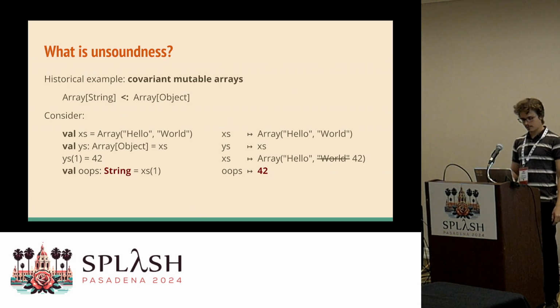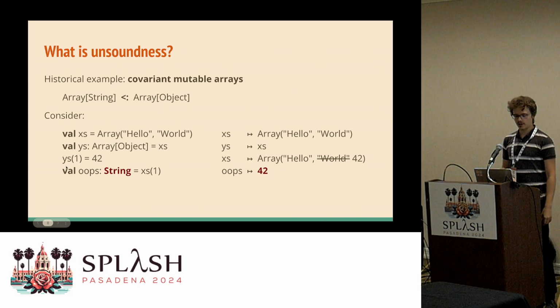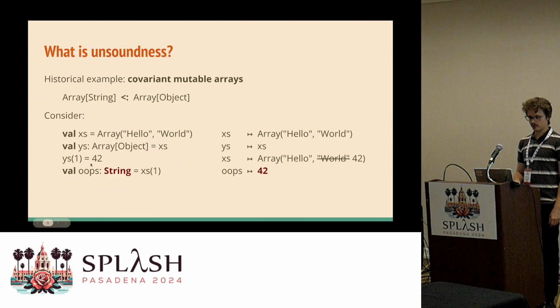And this is a problem because if you consider this example, if you create an array of strings and then you upcast it to an array of objects while still retaining the original reference, XS, it allows you to insert elements inside this array that are not actually strings, because the upcasted type says this is an array of objects, so you can insert objects into it, and 42 is an integer, which is an object.